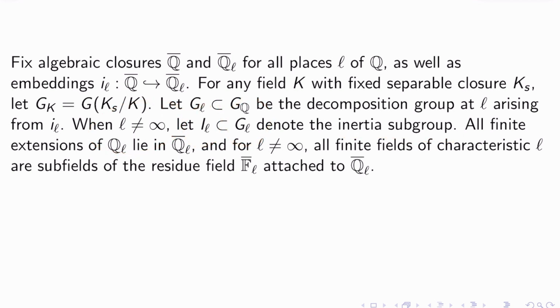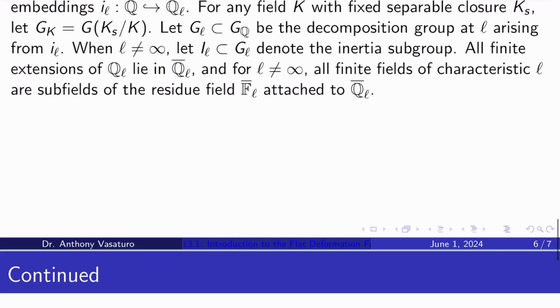All finite extensions of Q_l will be in Q-bar_l, and for l a finite place, all finite fields of characteristic l are going to be subfields of the residue field F-bar_l attached to Q-bar_l.